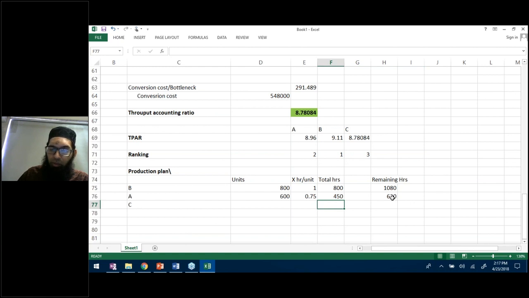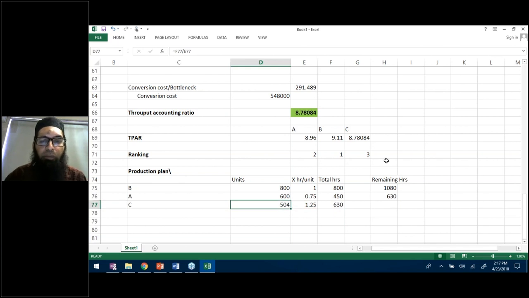That will mean I will only be doing procedure C up till the resources I am left with. So I will only be consuming 630 hours. Each procedure C will take me 1.25 hours. So the balancing of the hours over the hours per unit is 504. That means I will be doing 504 procedures.